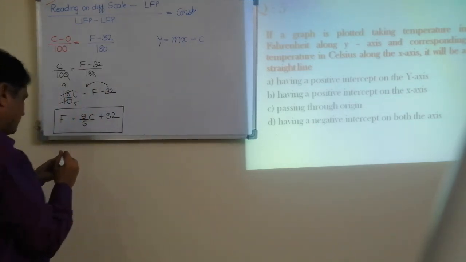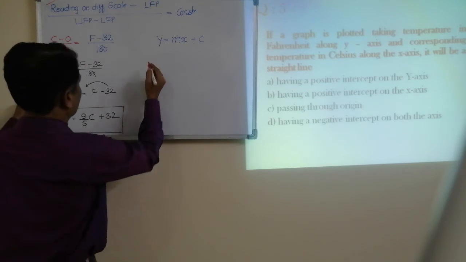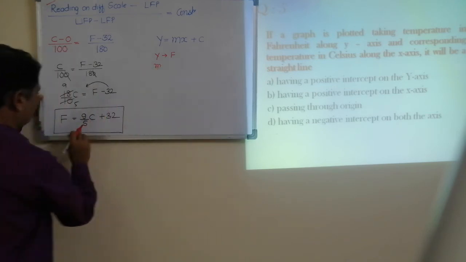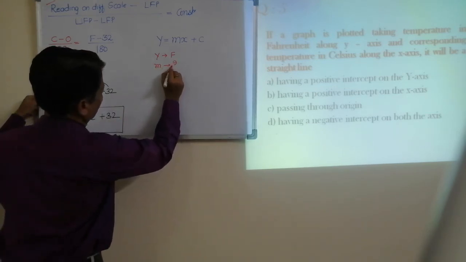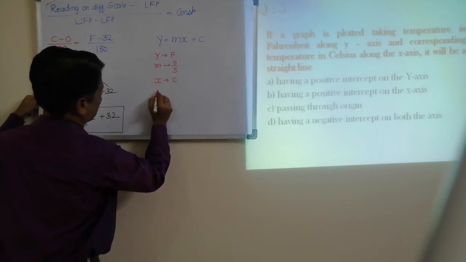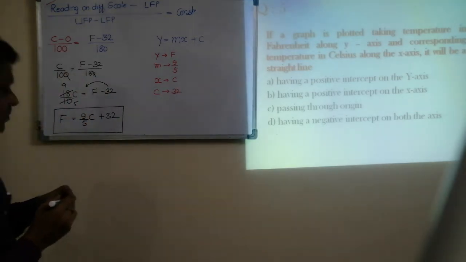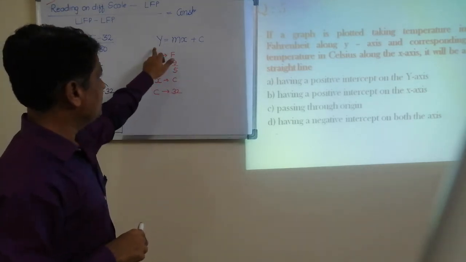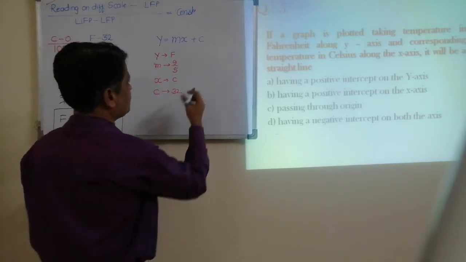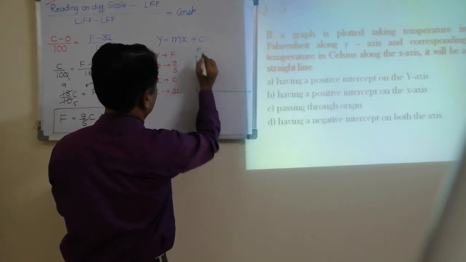Here instead of y we have F, instead of m we have 9 by 5, instead of x we have C, and instead of intercept we have 32. This shows the graph is a straight line like this.